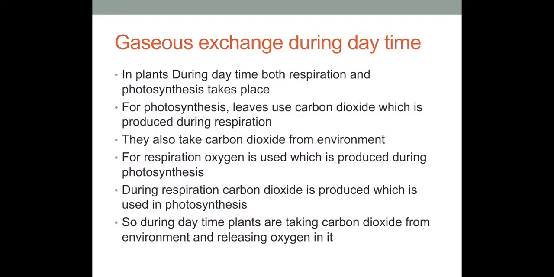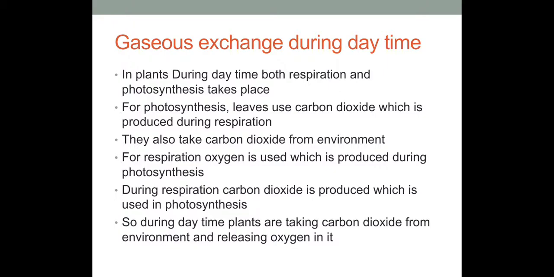It means the requirement of respiration, which is oxygen, is obtained as a byproduct of photosynthesis, and the product of respiration, that is carbon dioxide, is used in the process of photosynthesis. So for respiration during daytime, plants do not need to exchange any gases with their environment, right? But for photosynthesis, they need to exchange the gases with their environment.